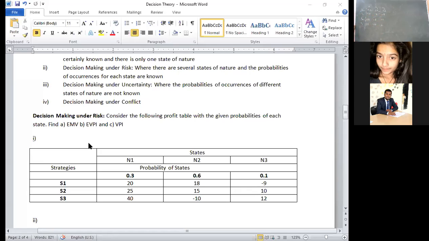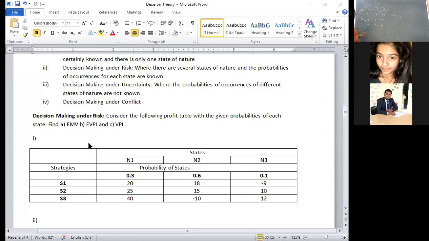Here, we need to find among all strategies which is the optimal strategy, that means which is the best strategy. Being a decision maker, you have to identify the best strategy among these three. For that purpose, we need to find the expected monetary value criteria for strategy S1.